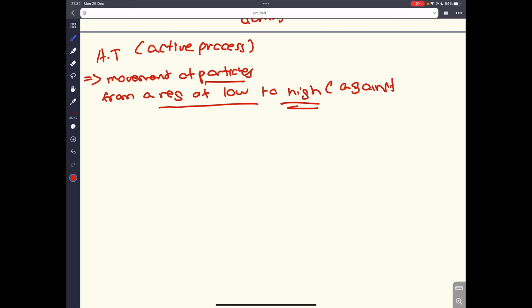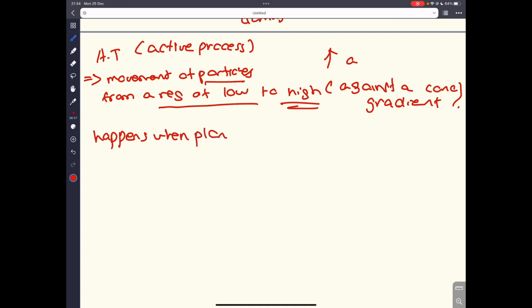Now we're going up a gradient, against a concentration gradient. Now this happens when plants absorb mineral ions. For example, the cells in the root of the plant, when they absorb the mineral ions from the soil, are really, really greedy.